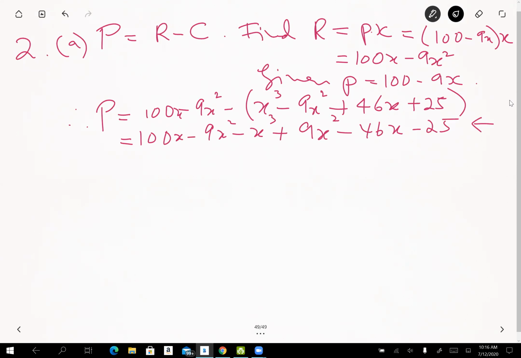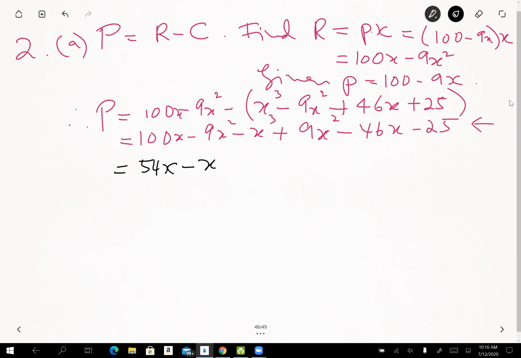Okay, that will be equal to what? You got 100x minus 46x, that will become 54x. 9x squared and 9x squared, negative and positive, becomes 0.